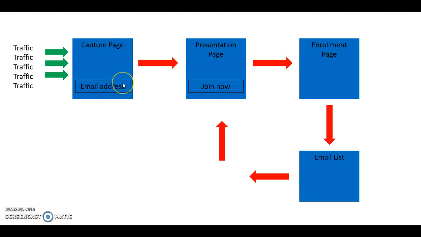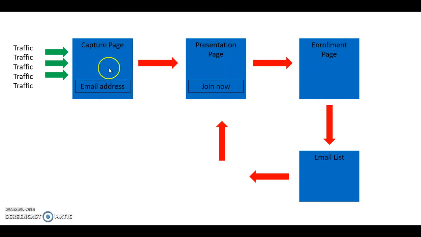Then they go onto a presentation page, which is going to explain what the offer is about. If you have a primary business and you are advertising it, this is where the primary business presentation page is going to be. And you are going to convince your leads to join now. When they join now, they go onto the enrollment page.